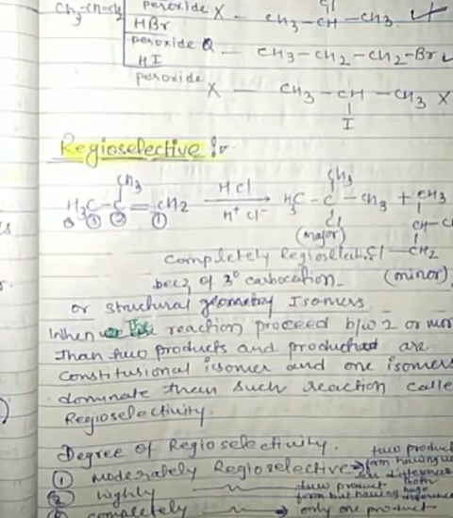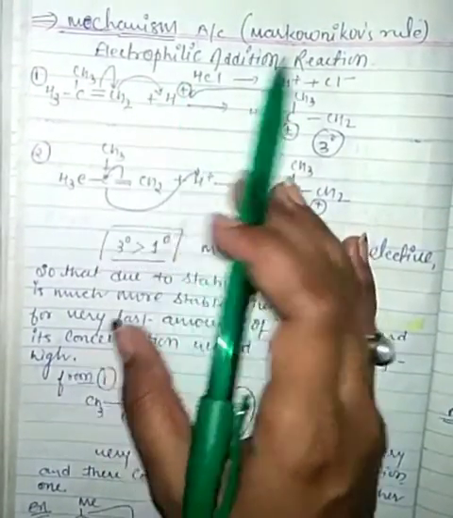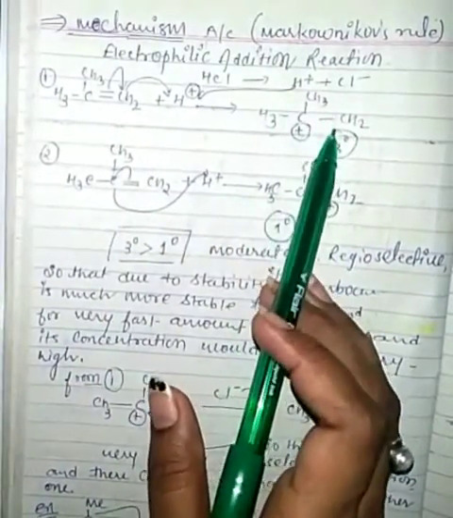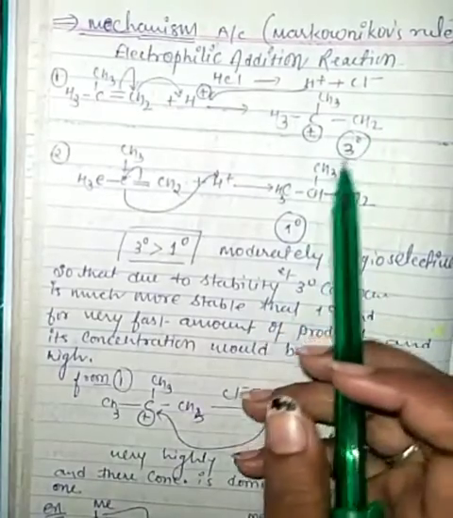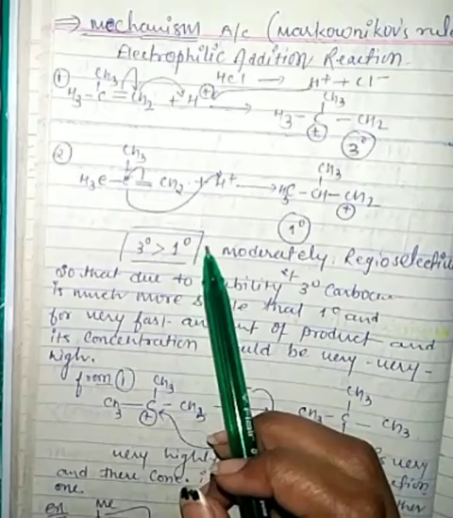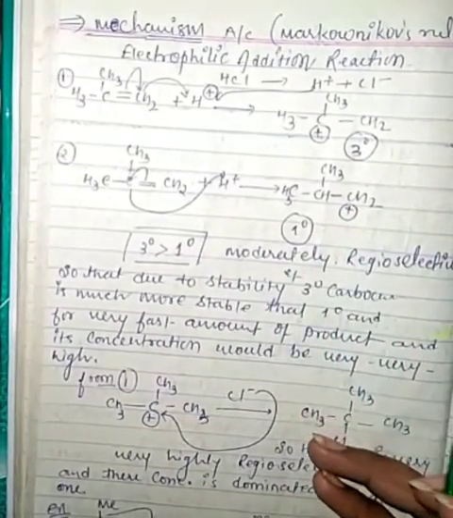There is given a mechanism according to the Markovnikov rule of electrophilic addition reaction. So there are some reactions in which a 3-degree carbocation forms. A 3-degree carbocation is more stable than a 1-degree carbocation, and that one is called moderate regioselectivity.